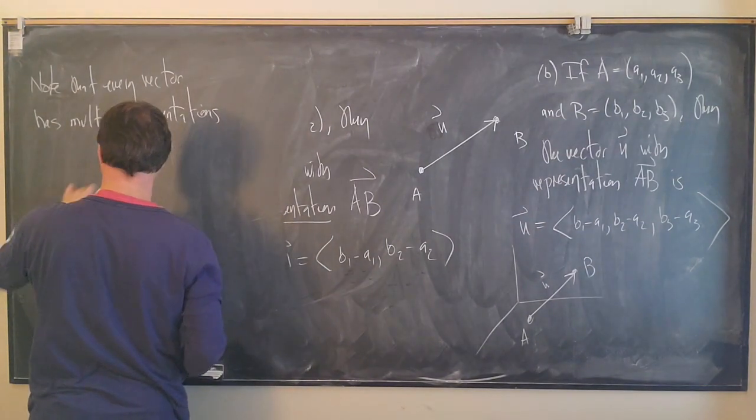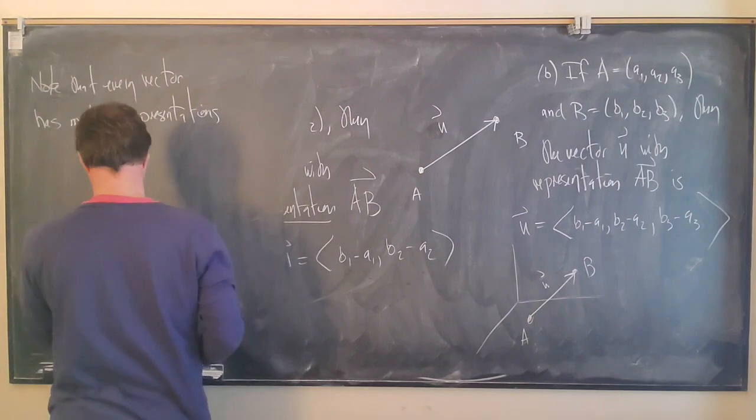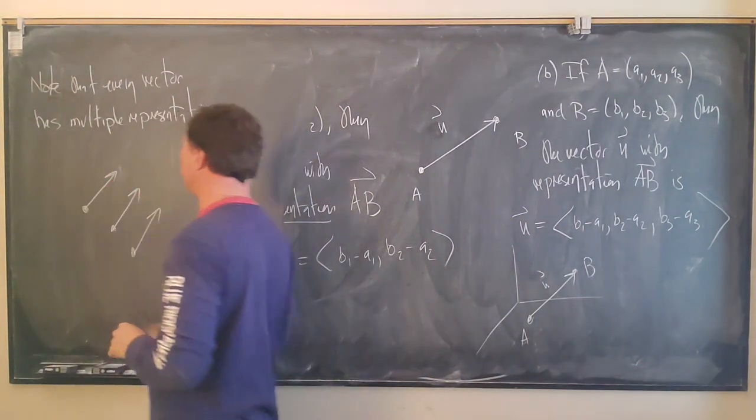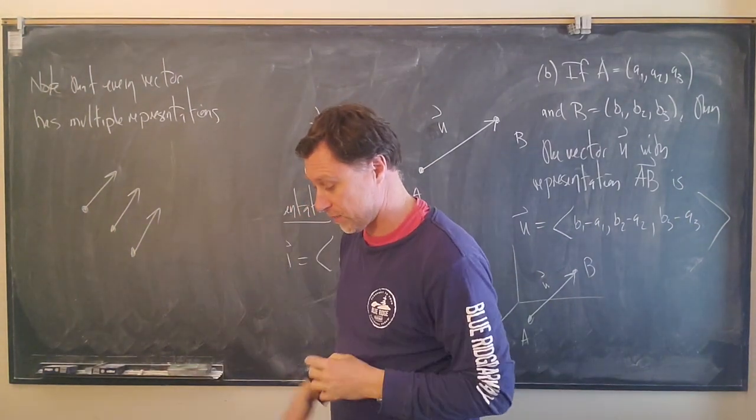Every time you choose a new starting point for your vector u, you get a new representation, but each one of these is exactly the same vector, still the same vector u.